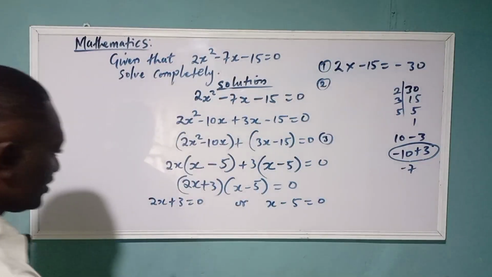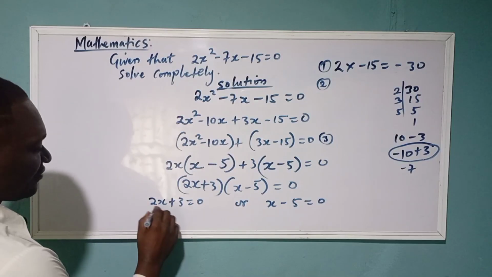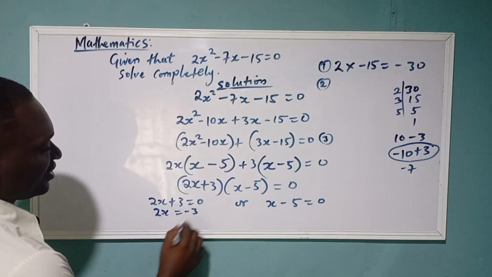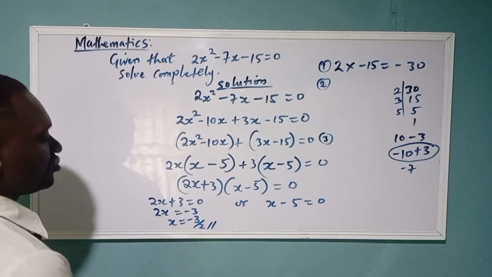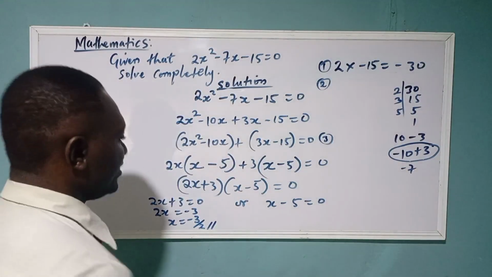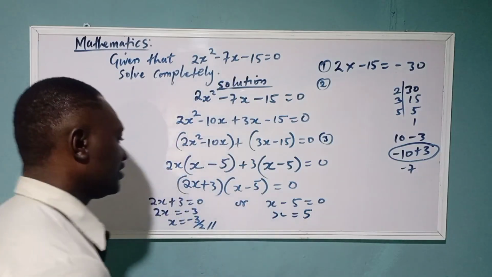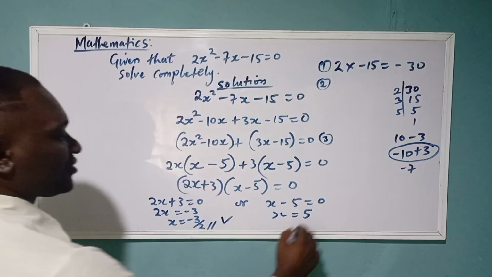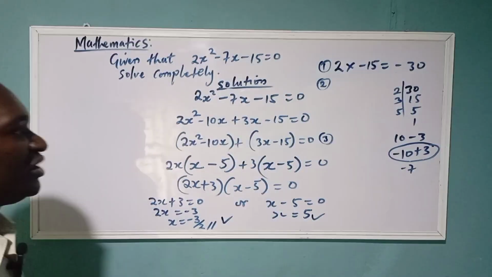If this is correct, then let's work this out. Here we have 2x is equal to minus 3, and x is equal to minus 3 divided by 2. While in this case, x will be equal to positive 5. So these are the solutions when you solve this completely.